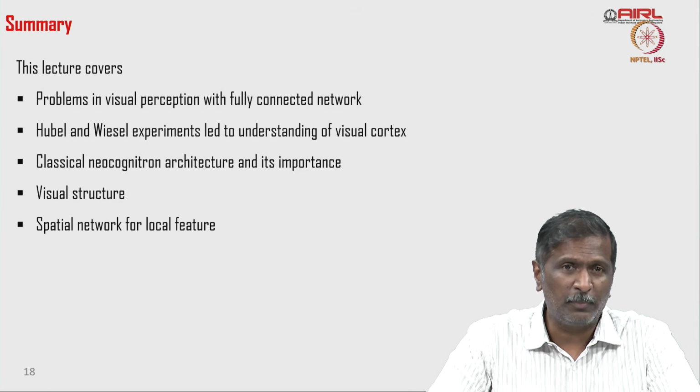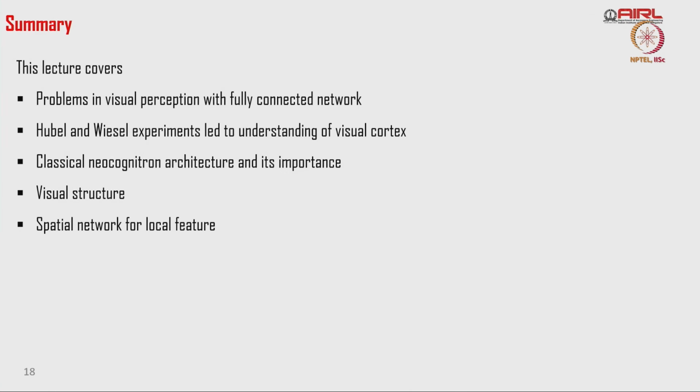Summary: this particular lecture covered the problem in visual perception with the fully connected neural network. We talked about a classical neuroscience experiment, and that helps us understand how the human visual cortex is organized. We understand that it has simple cells and complex cells and it processes the data in a hierarchical fashion.